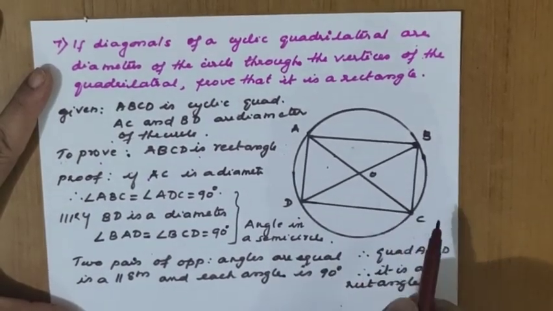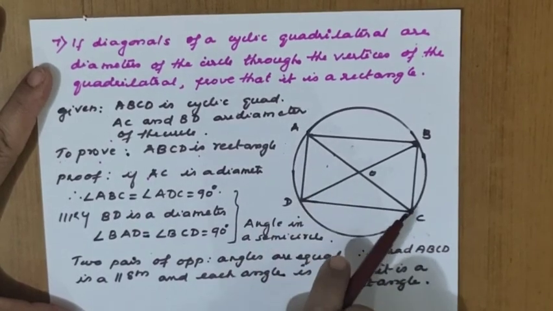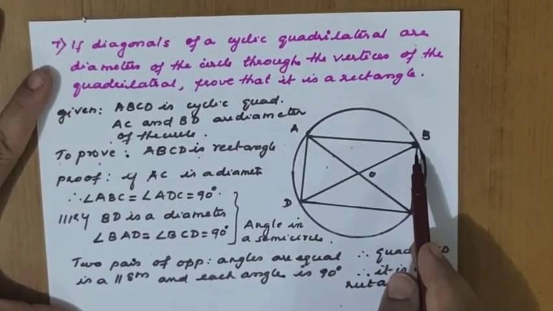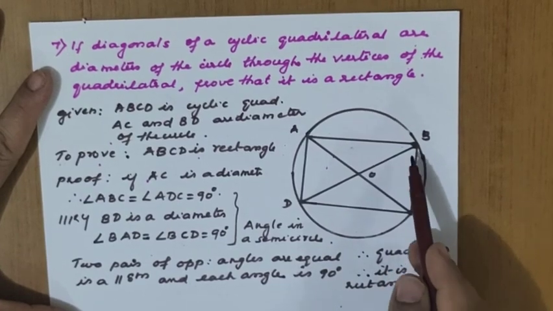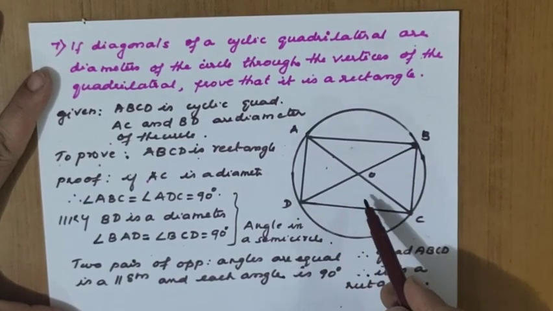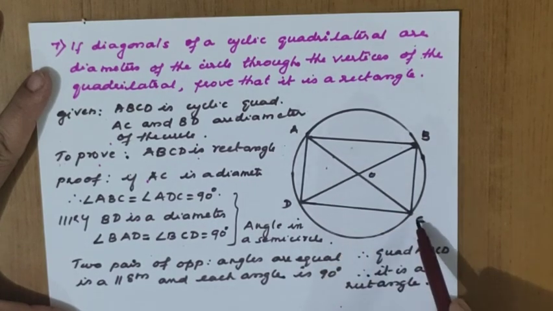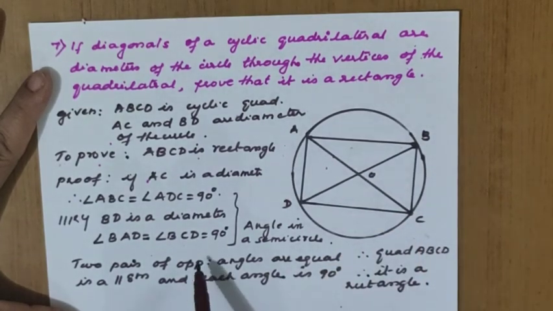So diagonals are diameters here. Diagonals AC and BD are the diameters, which means they form angles in the semicircle respectively. ABC and ADC with diameter AC are both 90. With BD as the diameter, angle A and angle C are both equal to 90 degrees.